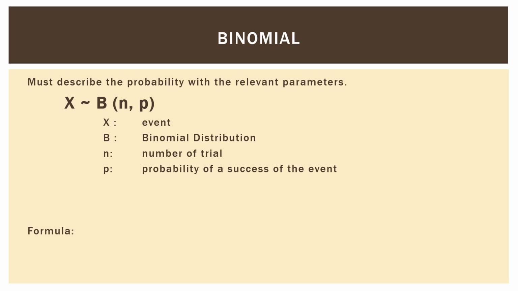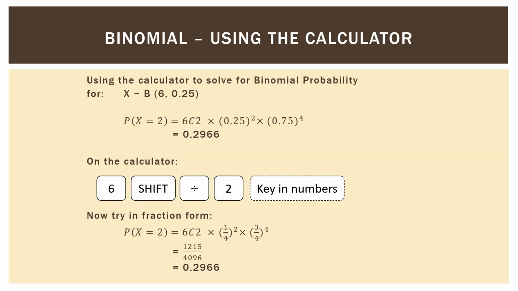So this is how you define the distribution: X with the curly line, B, n, comma, p. All right, this is the formula. So the formula is given to you in your formula sheet. No need to memorize, so don't worry. You just follow the formula, put it into the calculator and calculate. Look for the C in your calculator. Follow the steps here. You see the steps here? You just follow the steps and it will be right there.